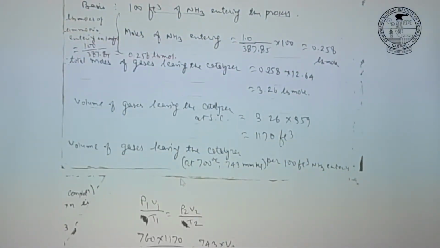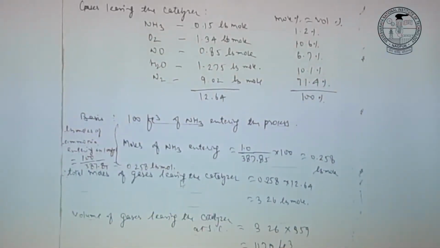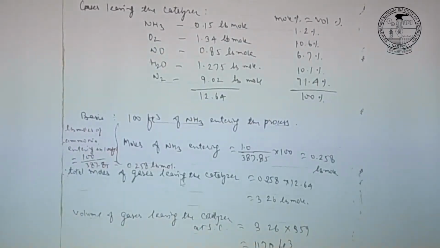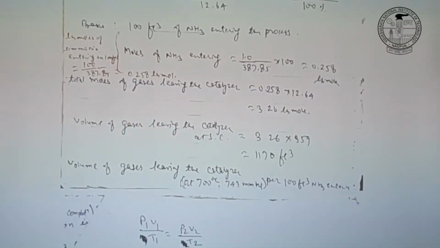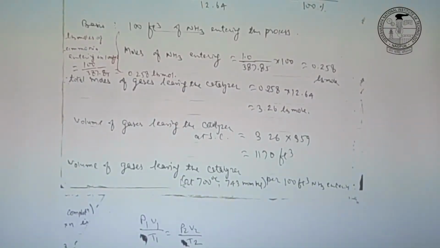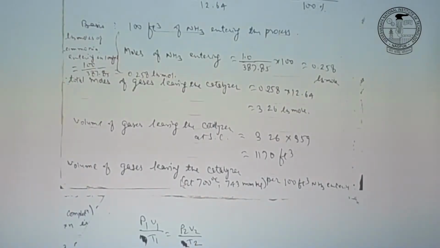Now, everywhere in the latter part, they have asked the answers in terms of 100 cubic feet of ammonia entering. At that condition we know that any gas occupies 359 cubic feet per lb mole. So 3.26 lb mole of gas will occupy how much?